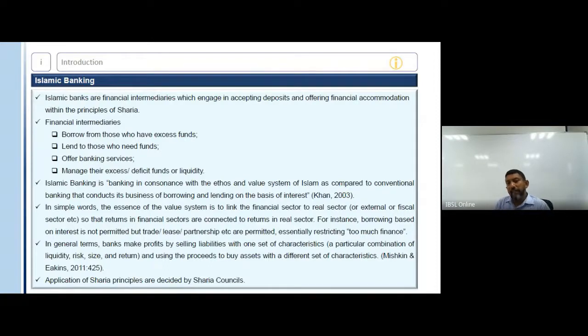So even the financial intermediation process, creating the arrangement of financing, can be facilitated by linking financial activities to real sector activities, using sale, using partnership, using lease, and similar transactions. And we can establish this.